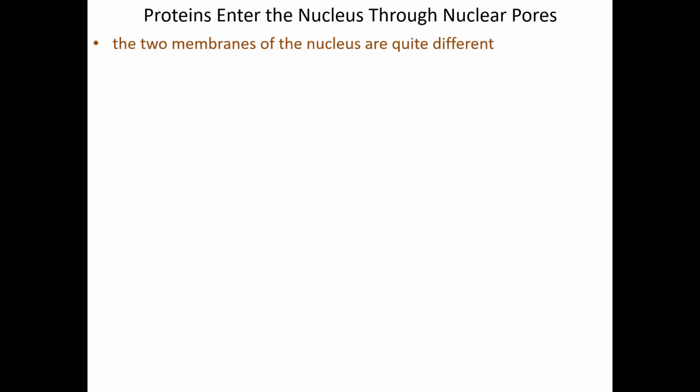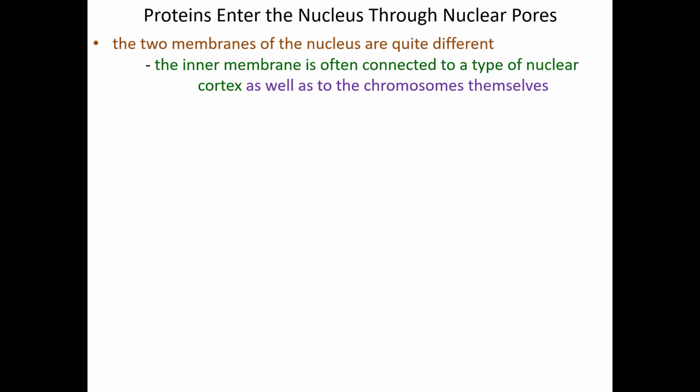Okay, so let's talk about the nuclear pore first. Again, the nucleus is made up of a double membrane. There's four bilayers, and those two membranes are quite different even from one another. The inner membrane is often connected to a type of nuclear cortex. Remember, the cell cortex is that protein meshwork that underlies the cell membrane, spectrin in red blood cells, actin in most cells. Well, there's a nuclear cortex that gives the nucleus its structural integrity.